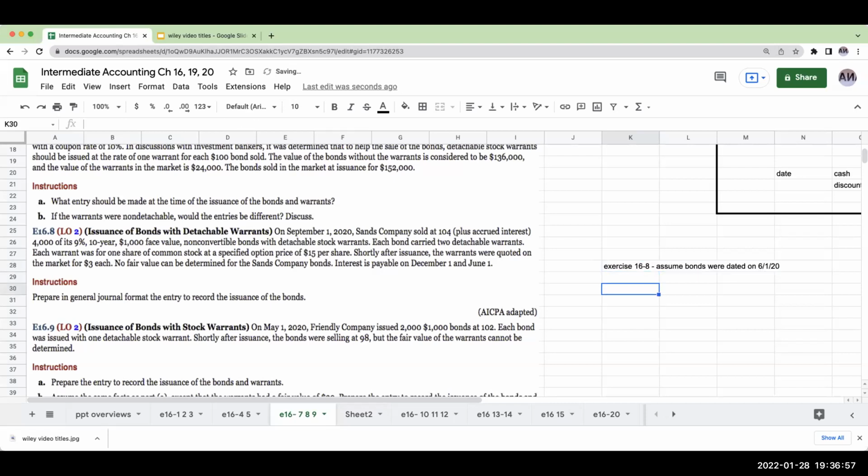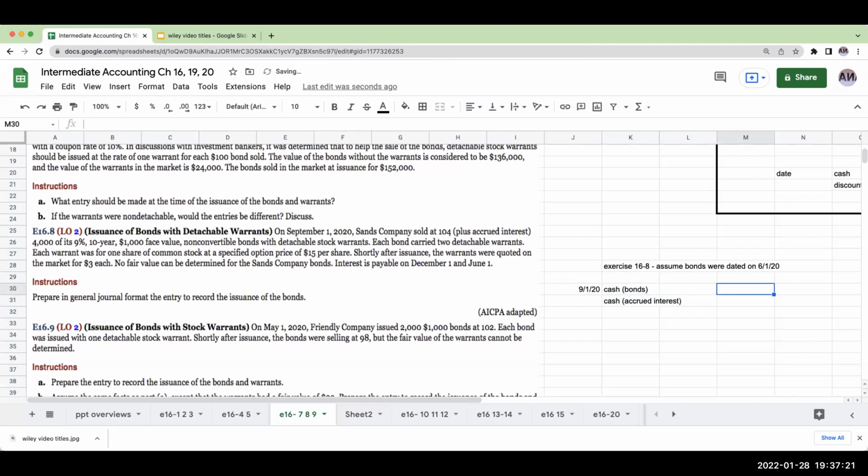Okay. So let's take care of the cash first. My cash proceeds on 9/1/20: the amount of cash that I'm going to be receiving, and actually I like to do this as cash from bonds, and then cash for the accrued interest.